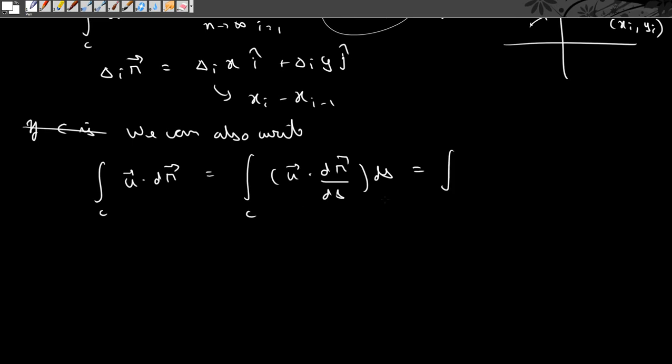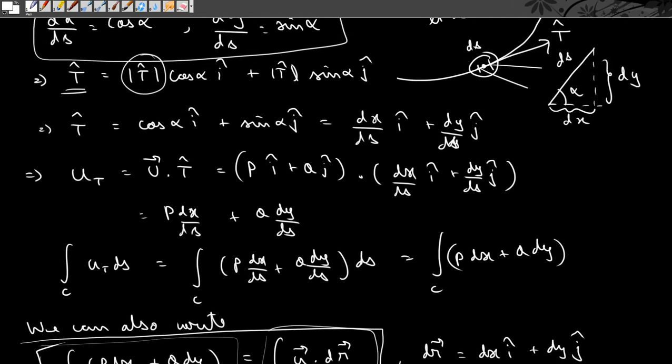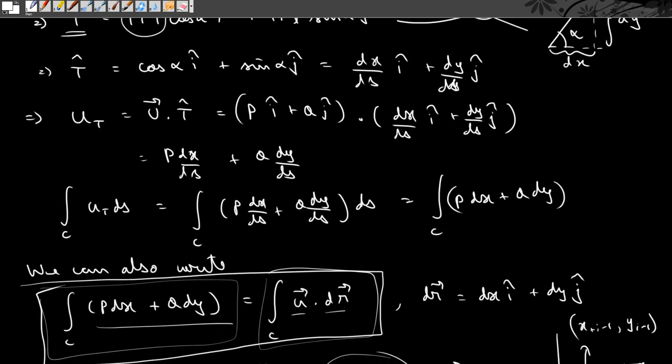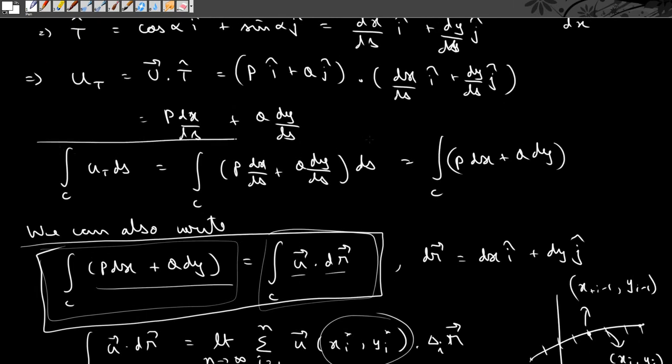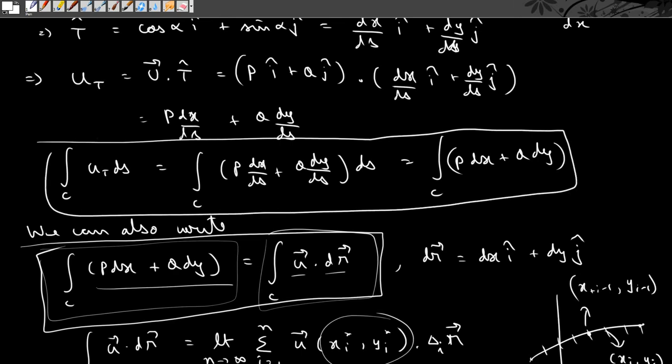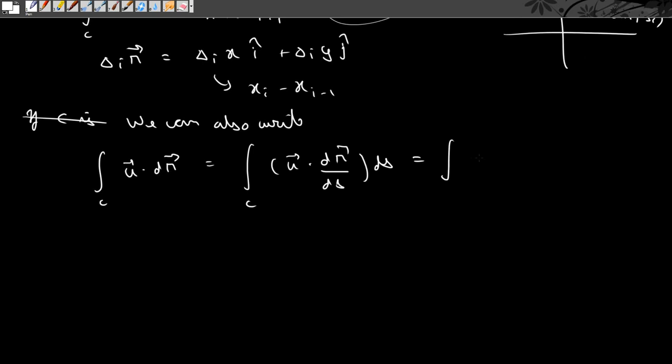So if you compare this equation, when I integrate it with ds, this must be equal to u_t. So here this should be equal to u_t ds.